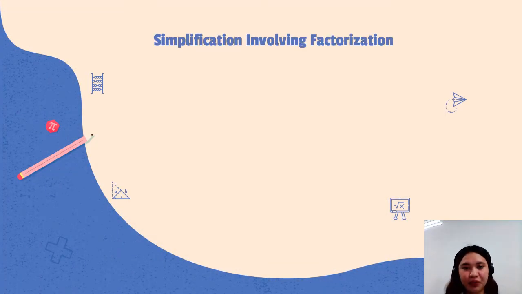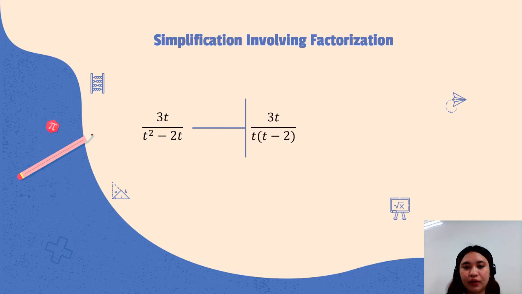Next example, we have 3t over t squared minus 2t. Okay, just copy the numerator which is 3t. As you can see in our denominator, we have the common factor of the first term and the second term. So the common factor of the first term and the second term is t.